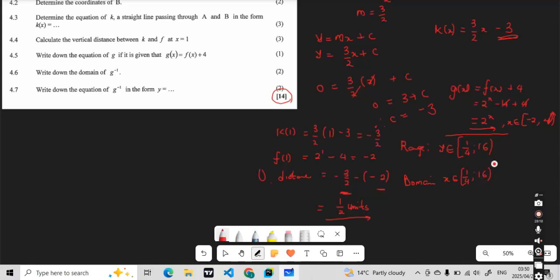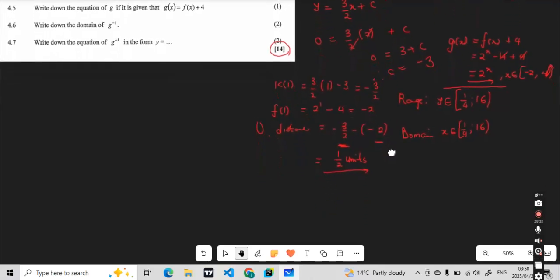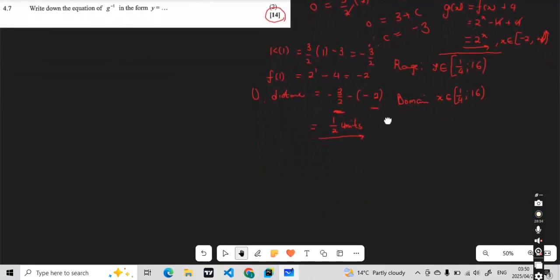Therefore, last question, they say write down the equation of the inverse in the form of y is equal to. So this is what I was talking about, wherever you see x you put y.